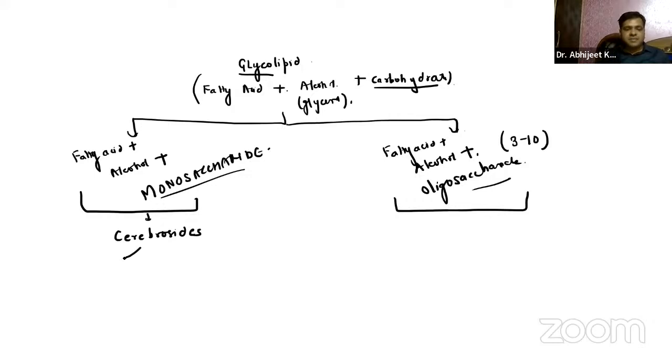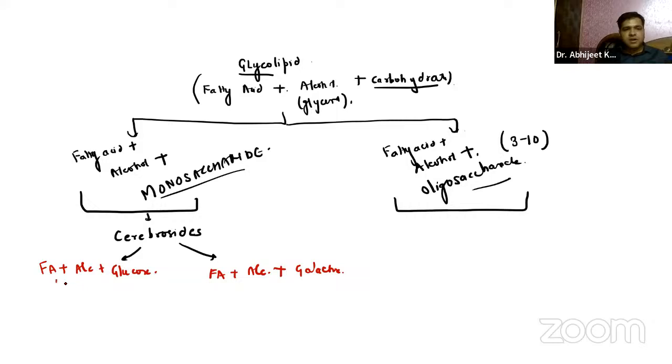Now, these cerebrosides can be of two types, guys. It can be fatty acids plus alcohol plus glucose, or it can be fatty acid plus alcohol or glycerol plus galactose.